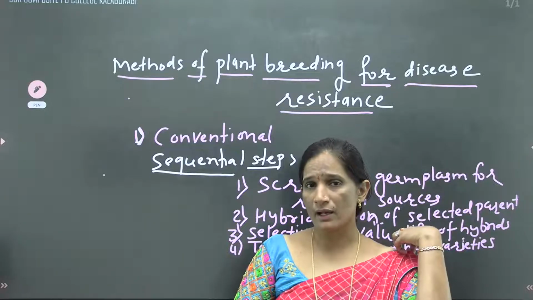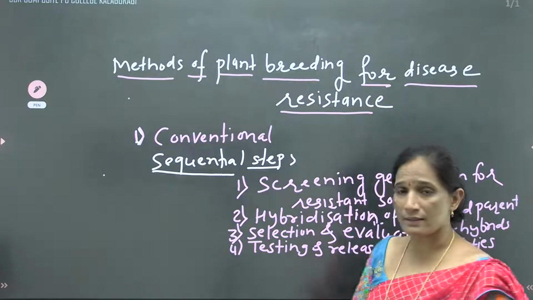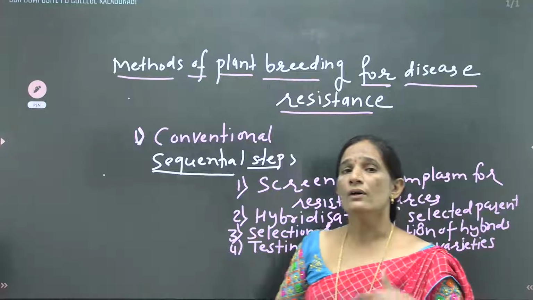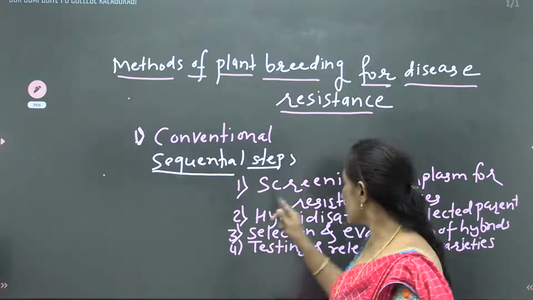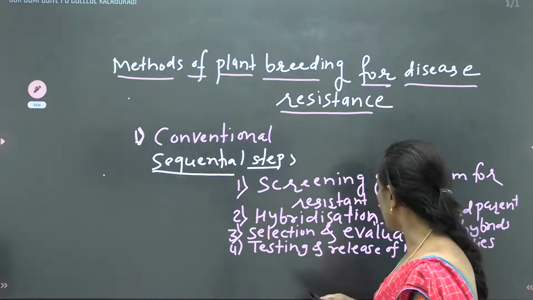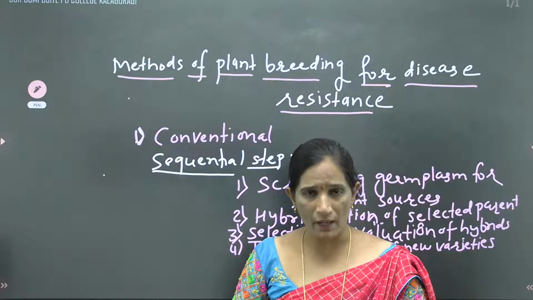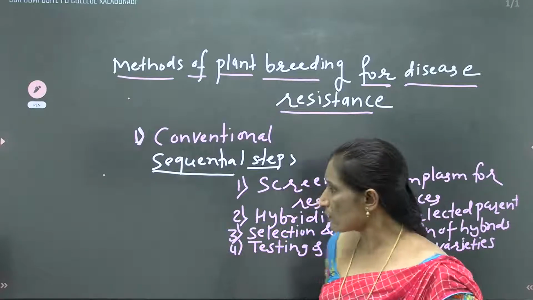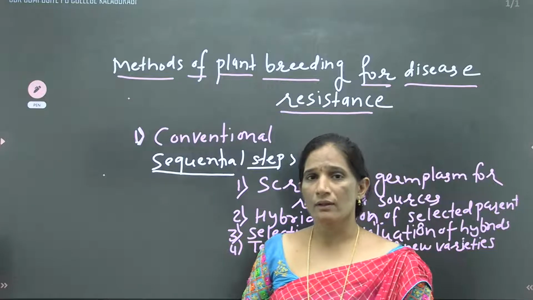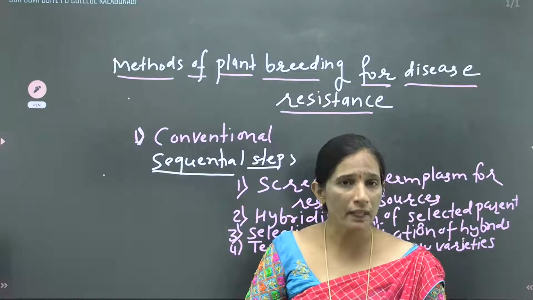So here we study screening germplasm for resistant sources. After that, we have to cross those plants. Suppose we select two plants which have desirable characters.